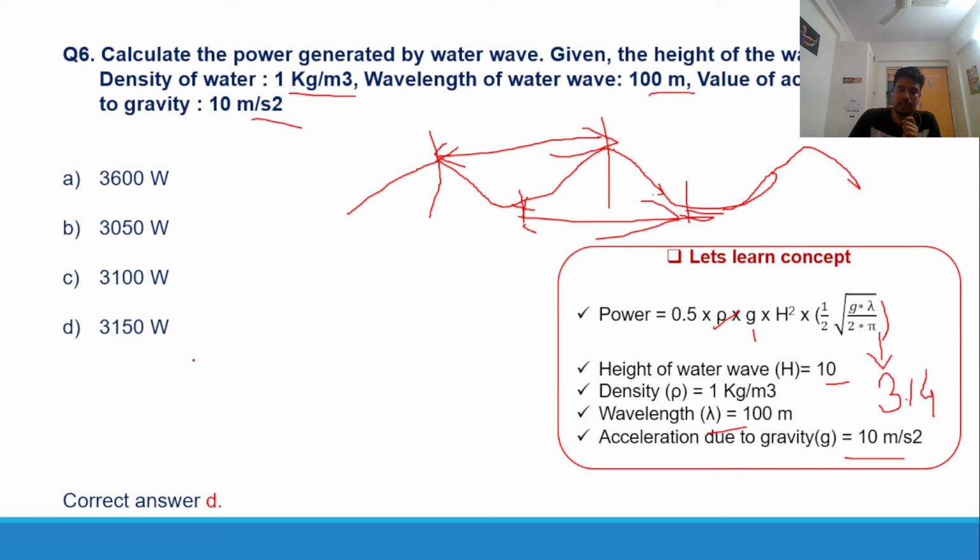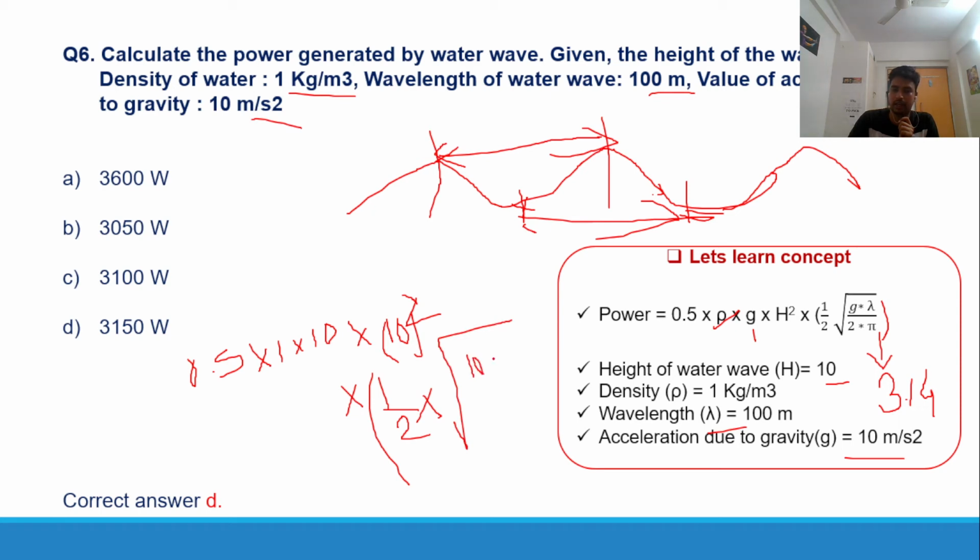So we put all these values: 0.5 into 1 into 10, that is g, then 10 whole square, that is h, into 1 by 2, this whole thing in a bracket, into square root of 10 into 100 upon 2 into 3.14. That's how this is calculated.